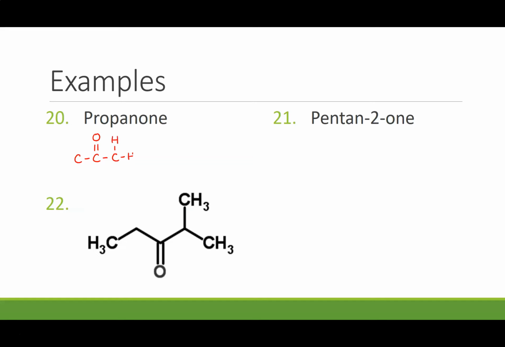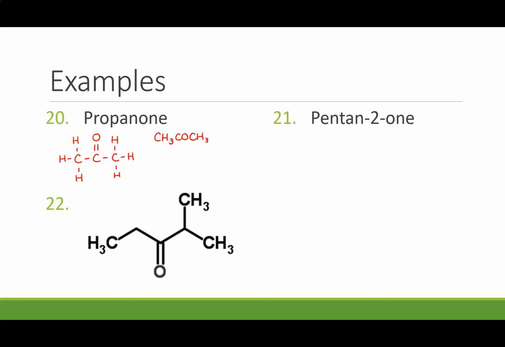So to complete this structure, I just need to put the hydrogen atoms on the carbons at the 2 ends. And let's draw the condensed structural formula, CH3COCH3.